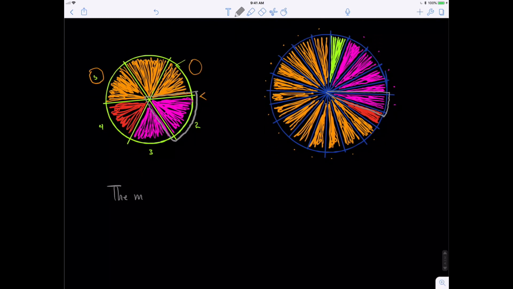So the point of this is this. The more pieces in a pie, the smaller the size of the piece. In other words, notice that there's 6 pieces in our one here, so the denominator will be 6.